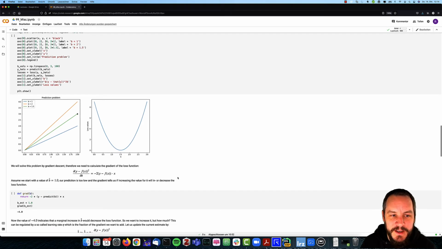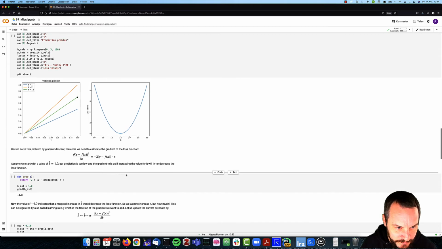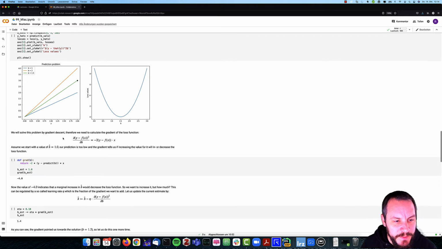And if we calculate the gradient at a certain point, so the gradient with respect to b is given here. We can relatively easily calculate this, I would say. And it's like the tangent that you have here.